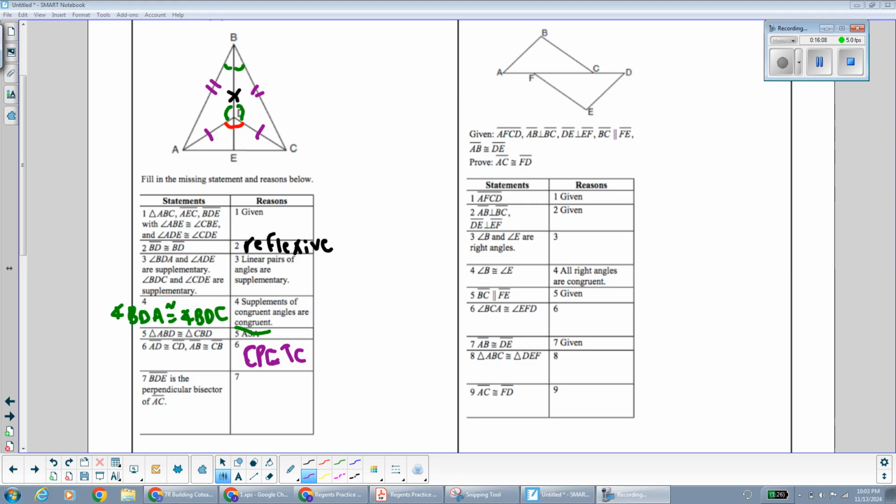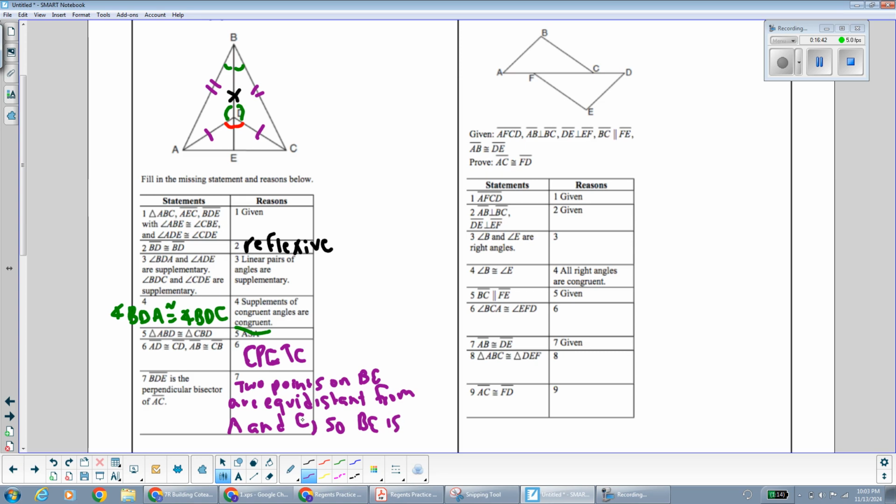I'm going to write this as best as I can. So 2 points on BE, which are B and D, are equidistant from A and C. So BE is the perpendicular bisector of AC.